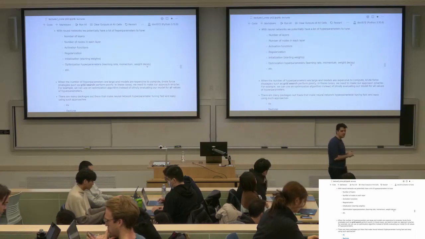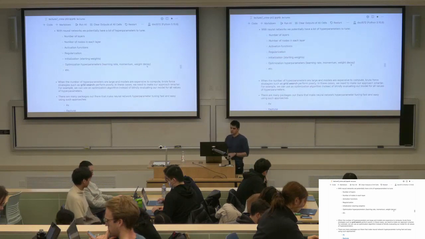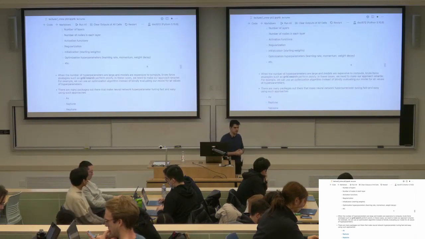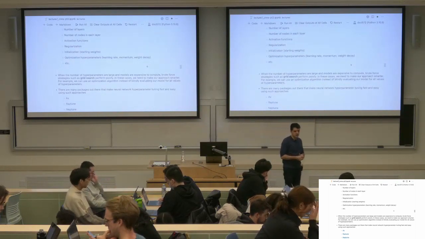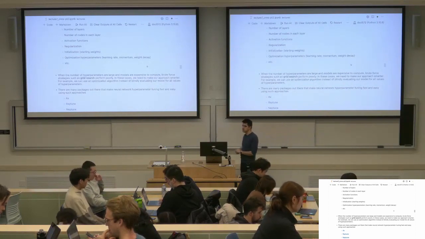We have discussed this already in other courses that when we are searching for an optimum value, grid search is usually the worst that you can do unless you have one-dimensional data or something that's super quick to compute.